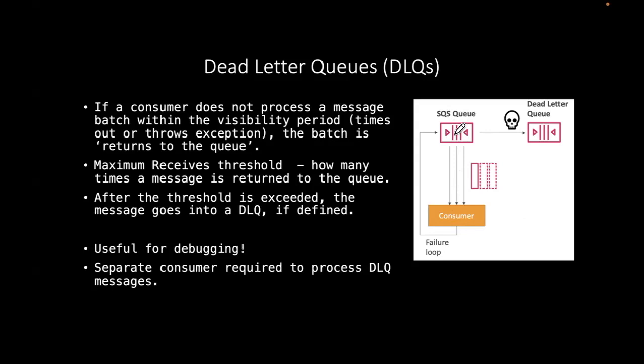So that's really how, when we talk about batches being resent, a batch is never actually sent to multiple consumers at the same time. It can only be received by one consumer.